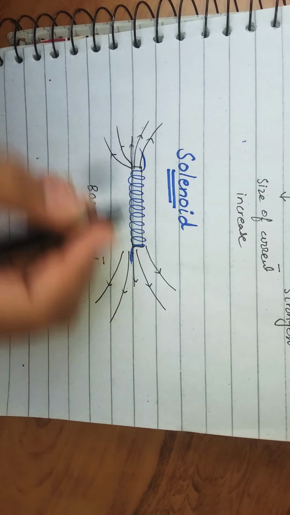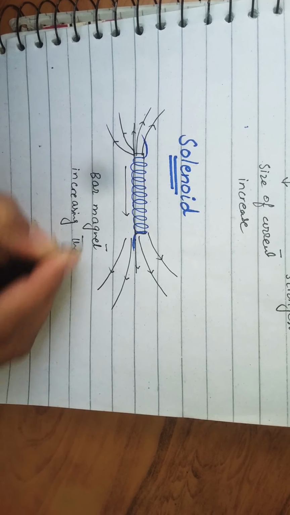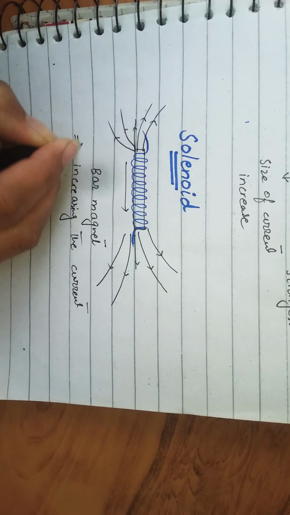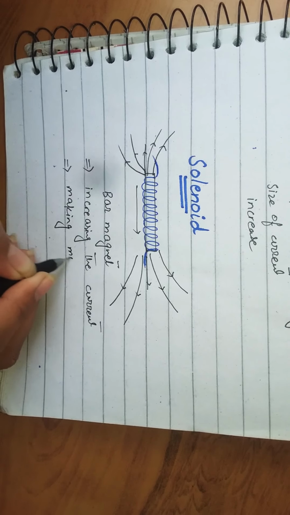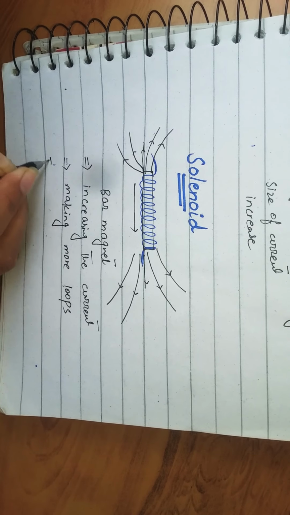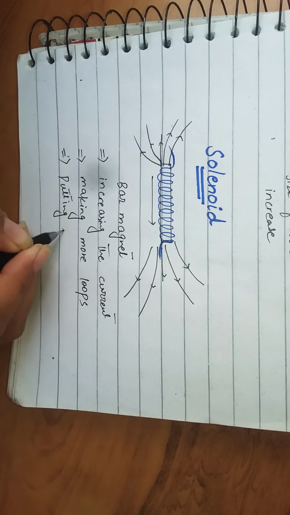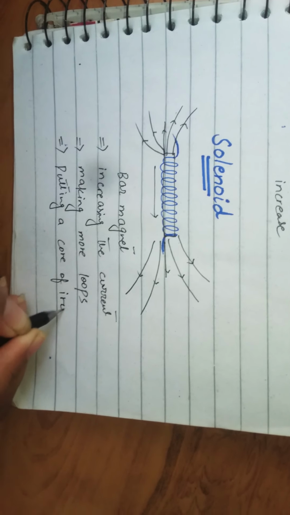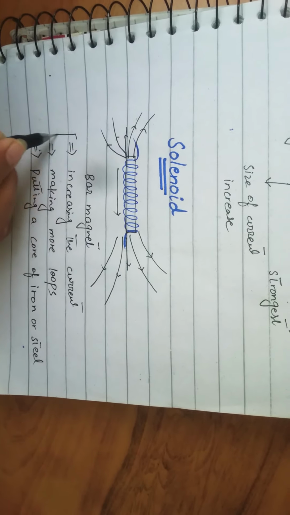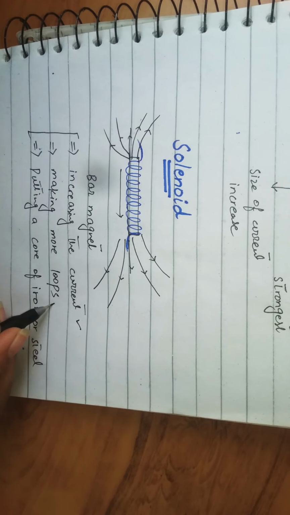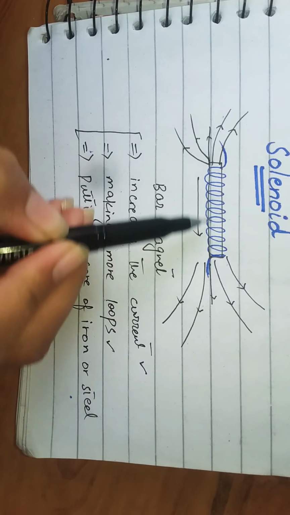It can be made stronger by increasing the amount of current, by making more loops, and by putting a core of iron or steel inside that coil. These are the loops. So by increasing the current, making more loops, and putting a core of iron or steel in the solenoid, it becomes stronger.